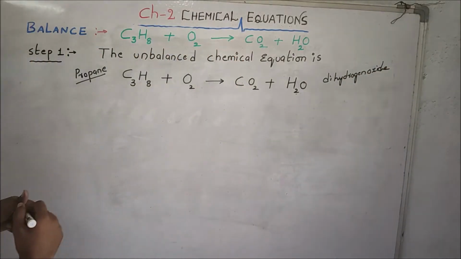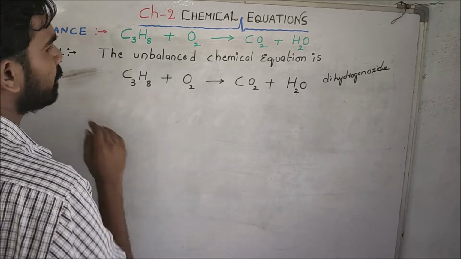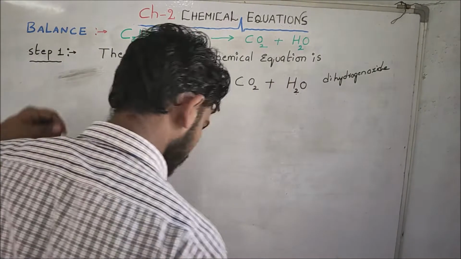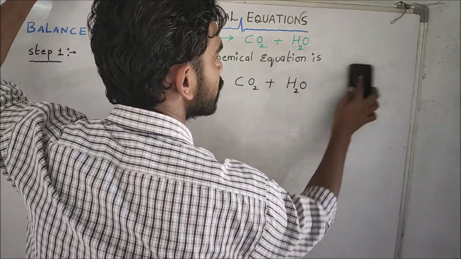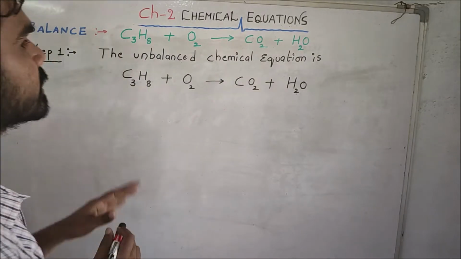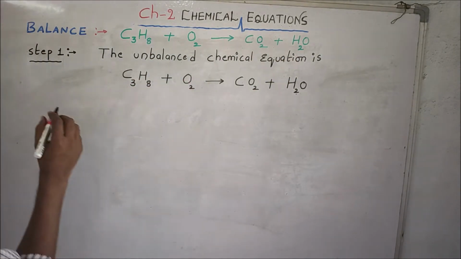This you already know, okay? So once again, I'm rubbing all this out. We don't want all this. Okay, step 1, the unbalanced chemical equation: you write the question one more time.